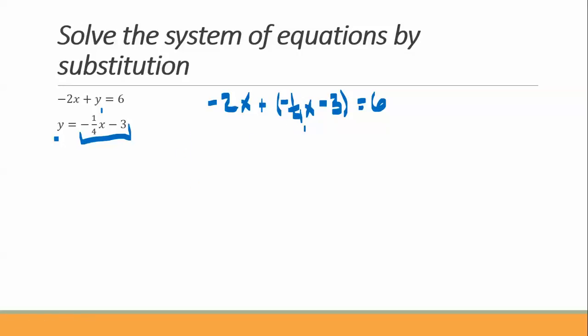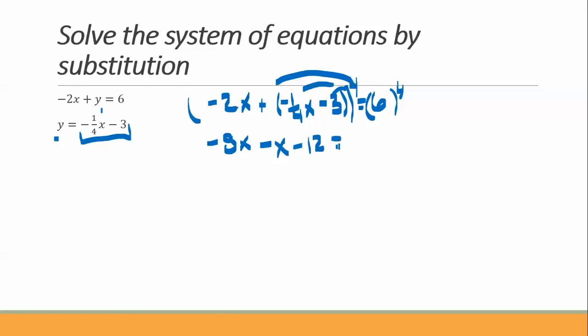We don't like fractions, so we're going to multiply everything by 4 to get rid of the fraction. So we have -8x because we're distributing. -2 times +4 is -8x minus -1/4 times 4 is -1x. -3 times -4 is -12 equals 6 times 4 is 24.